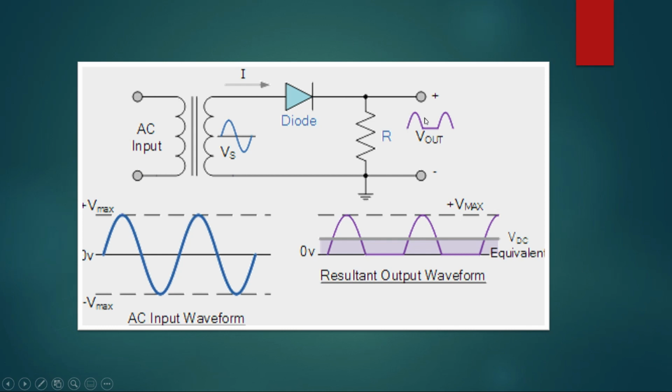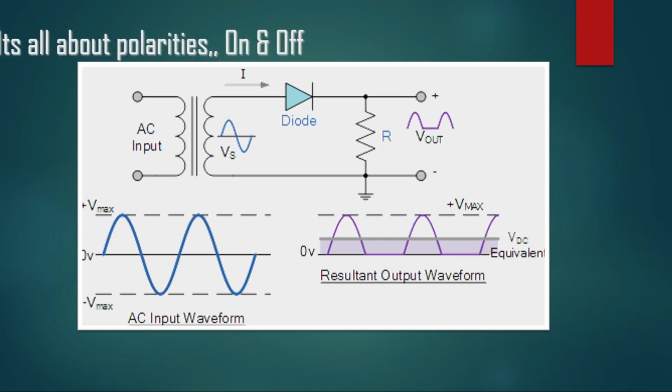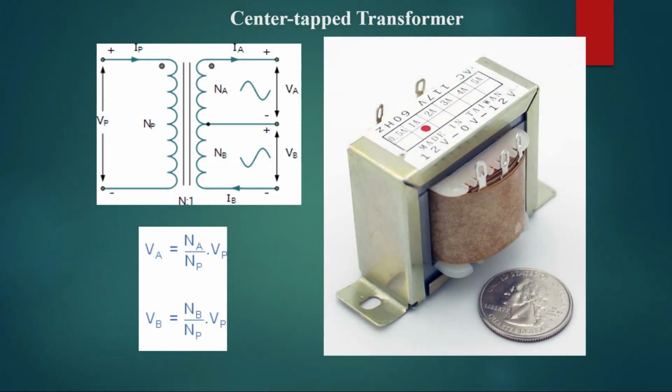At that time we get the output. At the negative cycle of the input, the diode becomes off and we don't get the output. Similarly, the same action is repeated because it is an alternating signal at the input. In detail we will see the mathematical model of how exactly we get the output, and after that we will also see the animation of how it works.